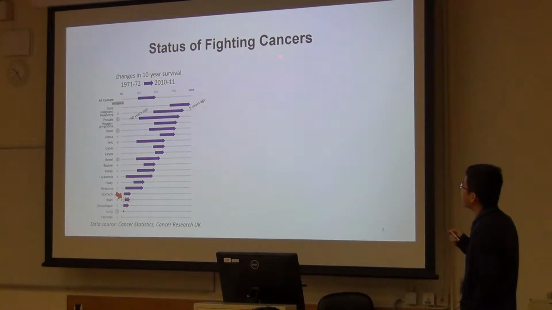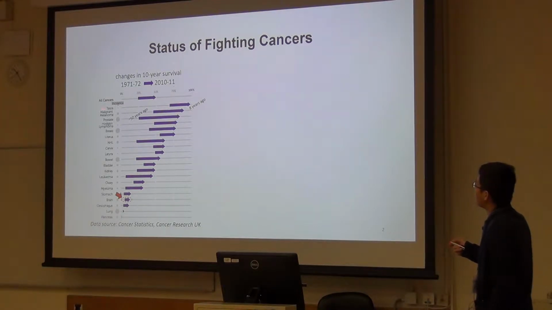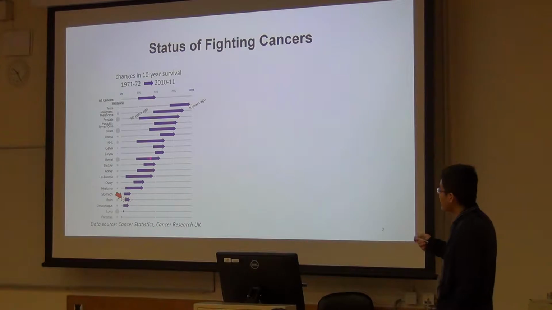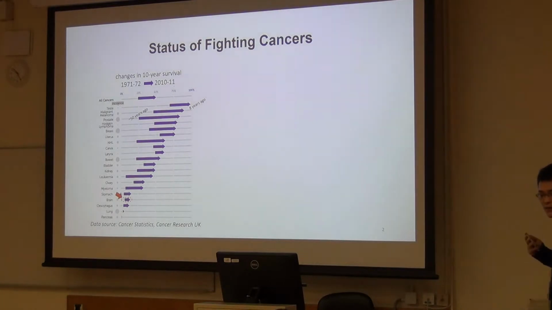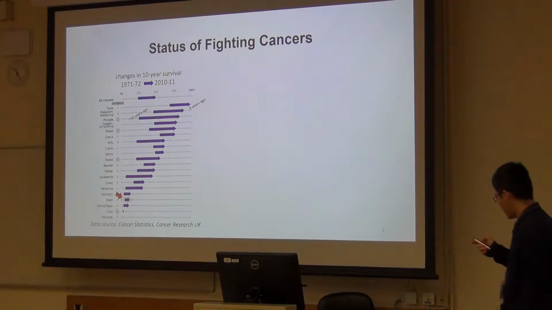You see here on top, some cancers have a survival rate around 100%. However, if you go down this list, you see the tumor on the bottom, pancreas cancer. It's the king of all cancers, so this kills patients very quickly, within several months. And lung cancer, also brain cancer, which is the focus today, is around here.